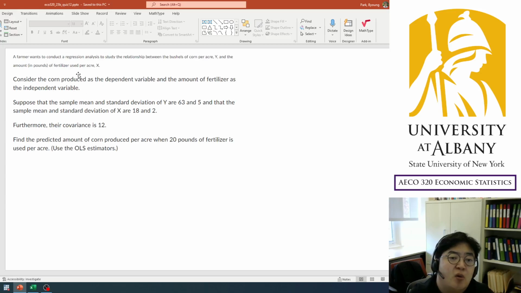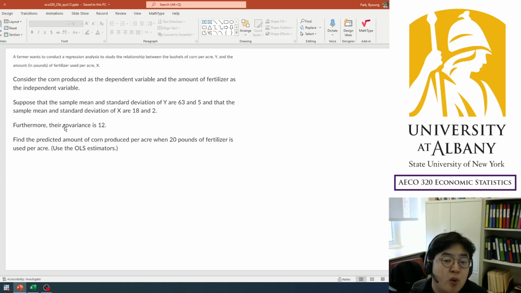A farmer wants to conduct a regression analysis to study the relationship between the bushels of corn per acre, y, and the amount of fertilizer used per acre, x. So consider the corn produced as the dependent variable and the amount of fertilizer as the independent variable. Suppose that the sample mean and standard deviation of y are like that, and sample mean for x like that.